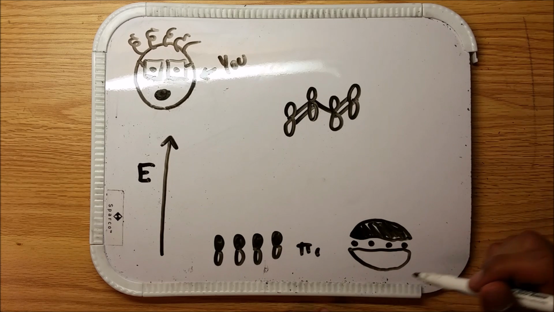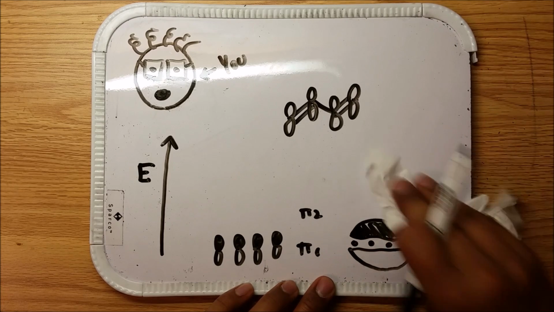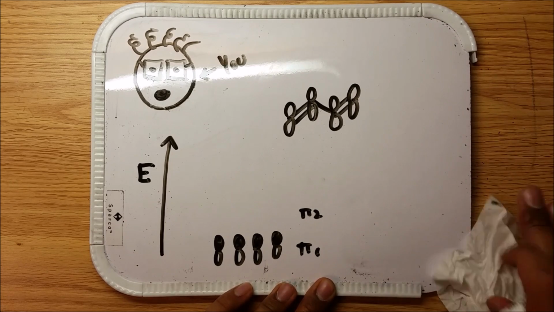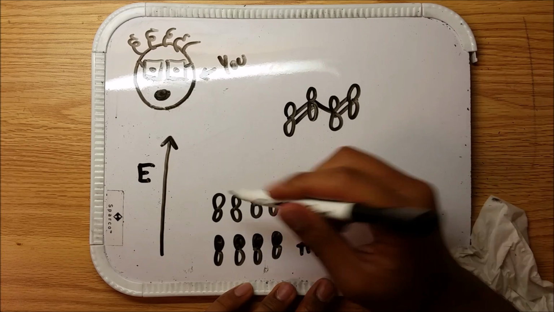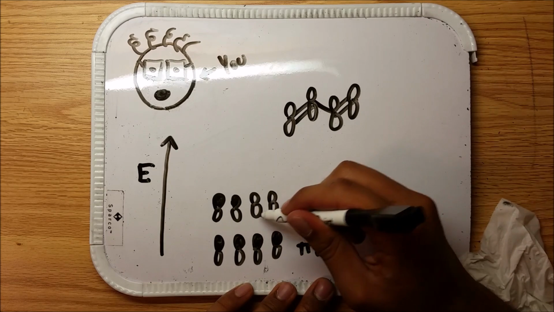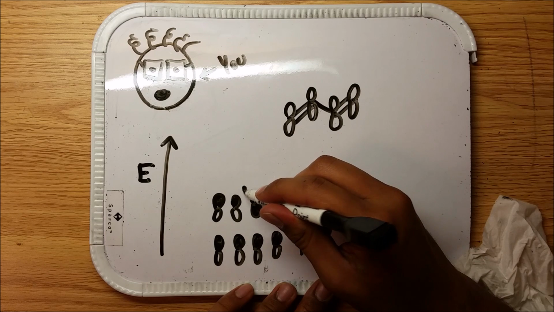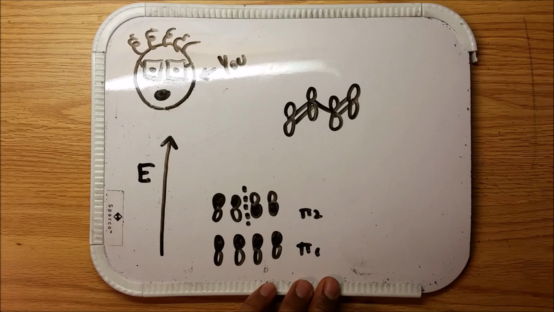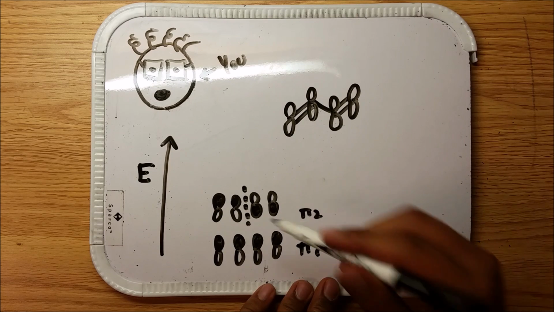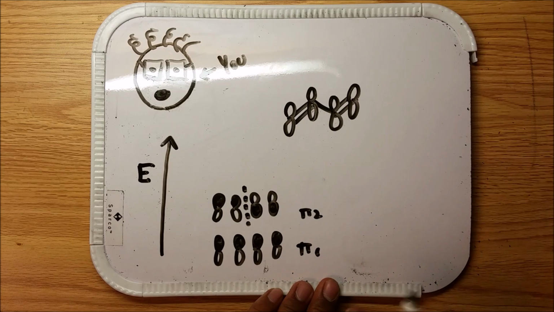But sometimes you want to split your sub down the middle, and that's where some of the other arrangements come in. So we have pi 2, where 2 of the p orbitals are facing the same way, and the other 2 are not. And at this site we have destructive interference, where these lobes are canceling out, and this area is called a node, a place where there's a very low probability of finding electrons.